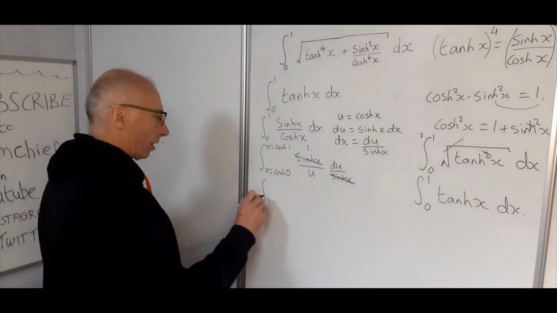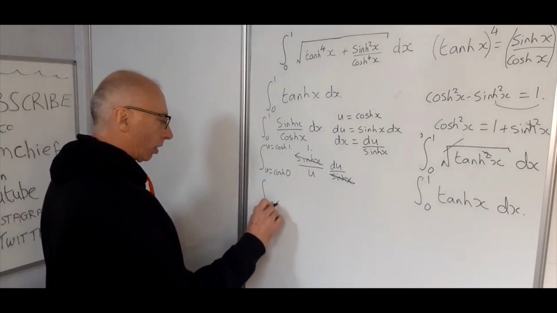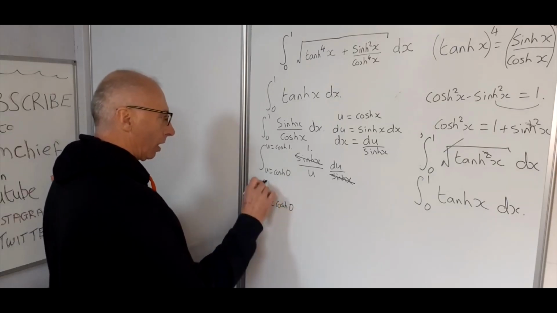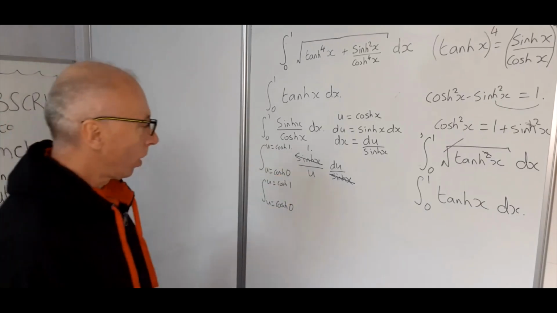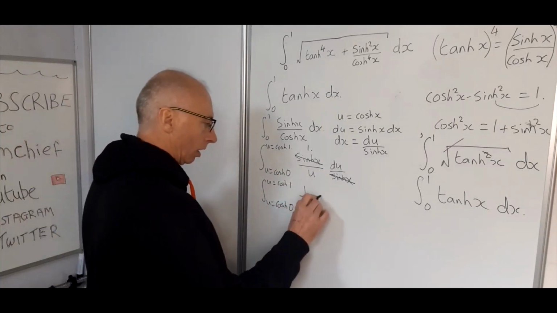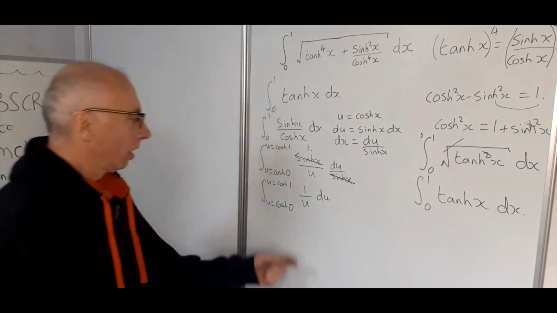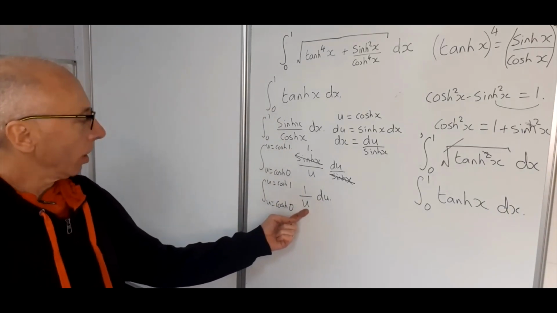Okay, so now we've got u equals cosh of 0 and u equals cosh of 1, and then we've simply got 1 over u du. So integrating this, not a problem.